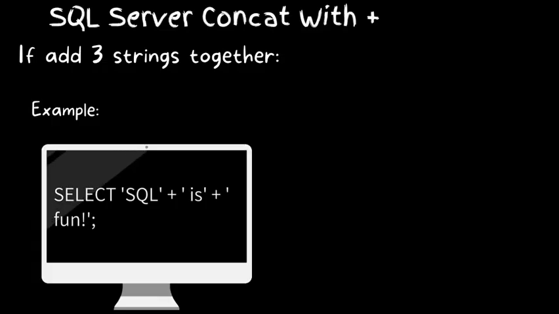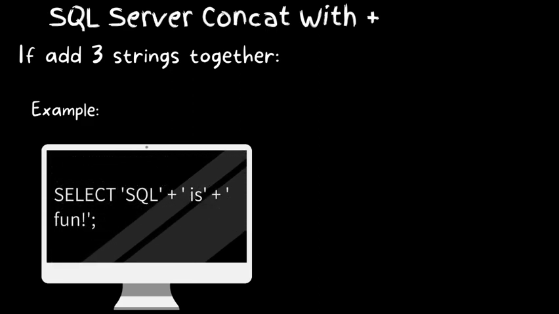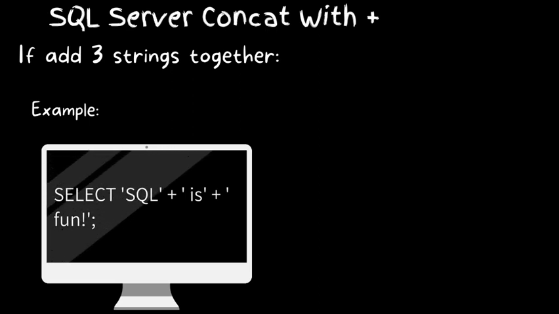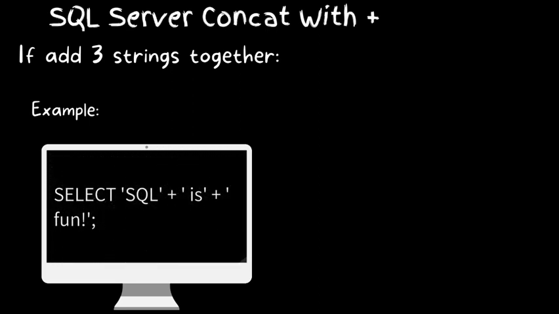But what if we add three strings together? For example, select single quote SQL single quote plus single quote is single quote plus single quote fun single quote, then semicolon.